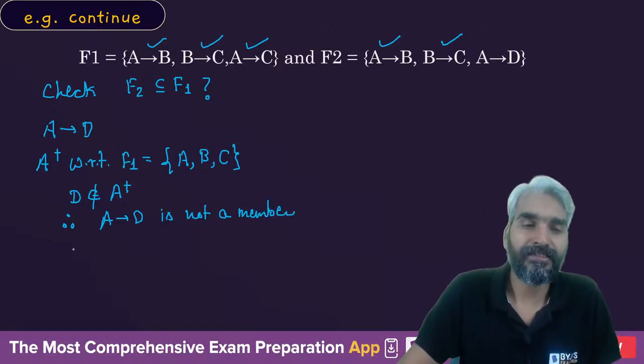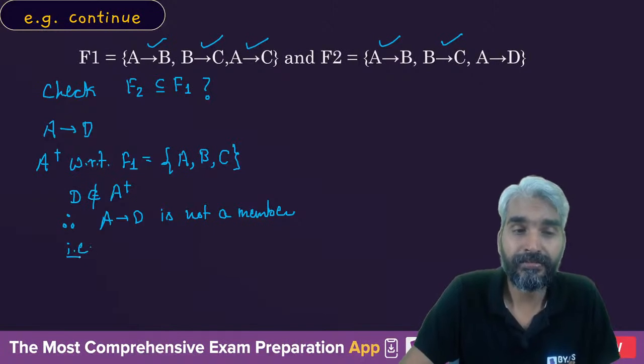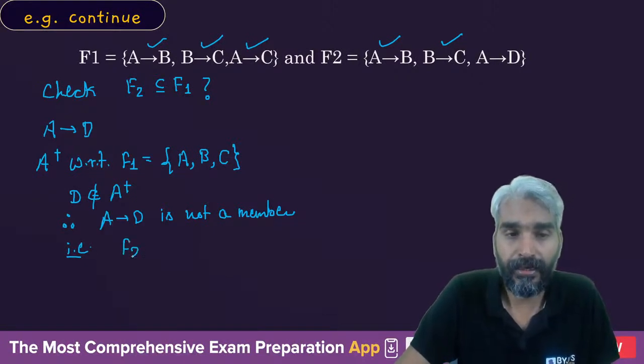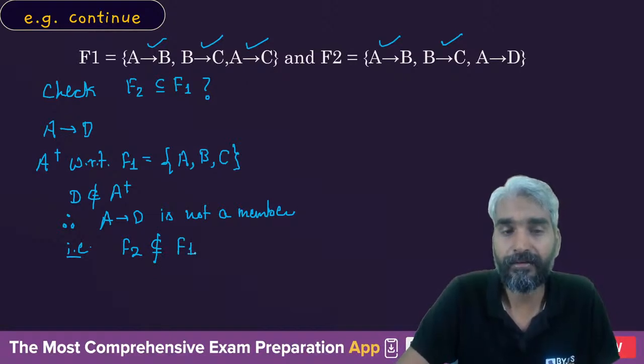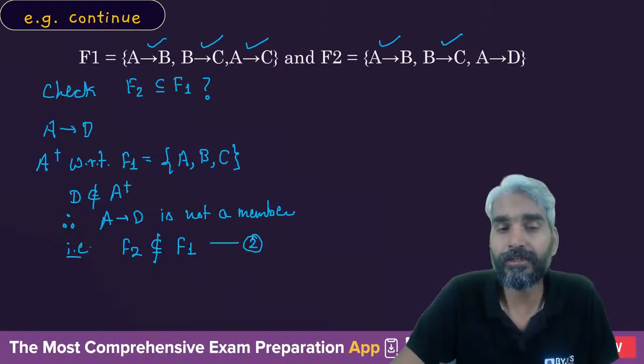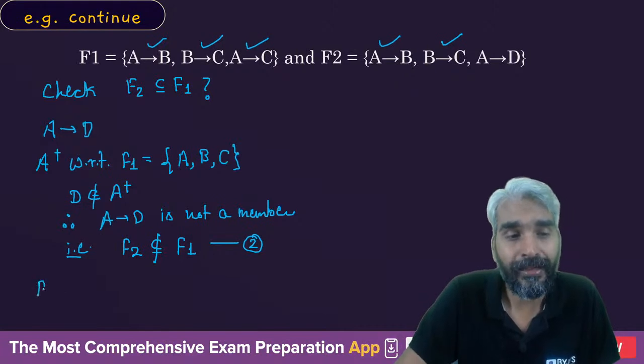Now let's try to understand what it means. F2 is not a subset of F1, right? This is your equation 2. What can we say by equation 1 and 2?